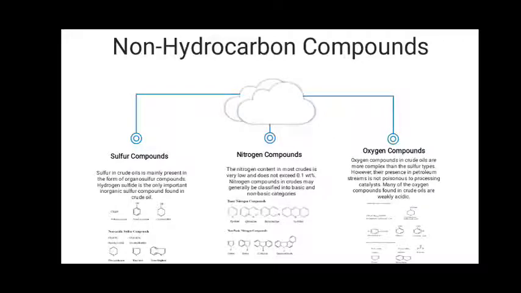The nitrogen content in most crudes is very low and does not exceed 0.1%. Nitrogen compounds in crudes may generally be classified into basic and non-basic categories. And the last, oxygen compounds. Oxygen compounds in crude oil are more complex than the sulfur types.